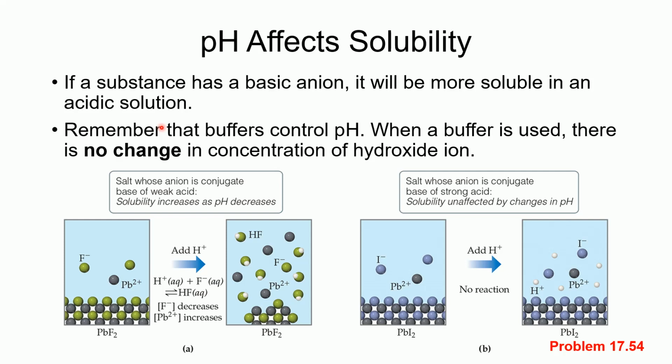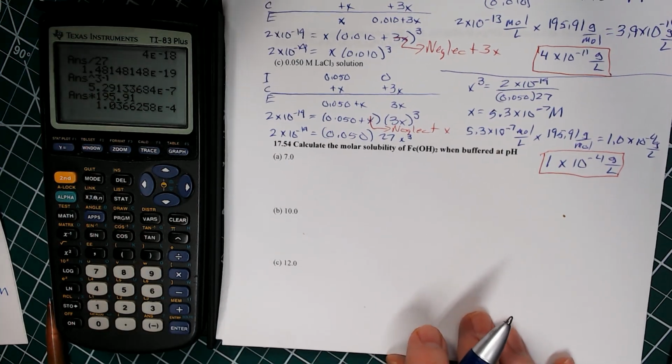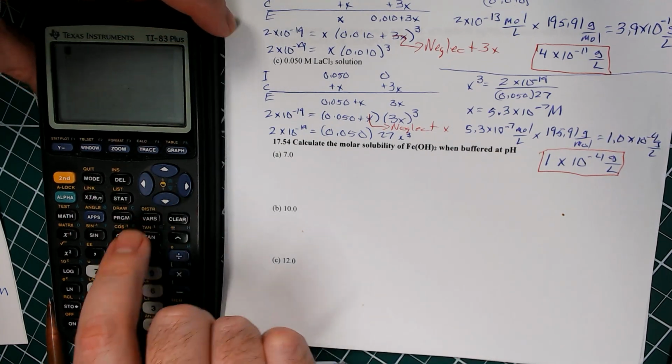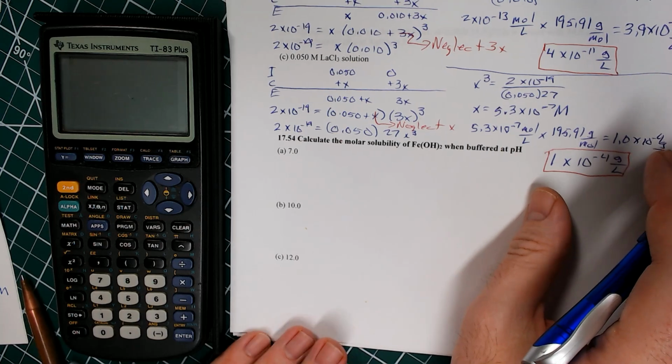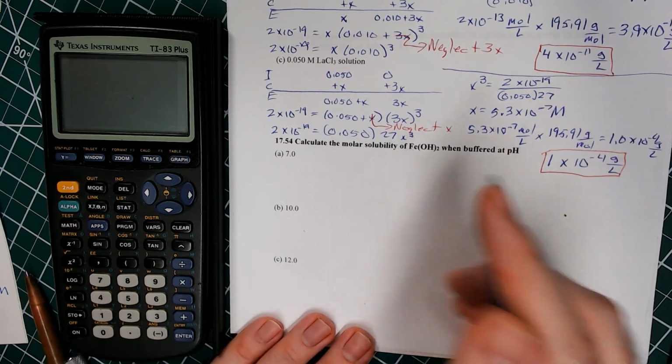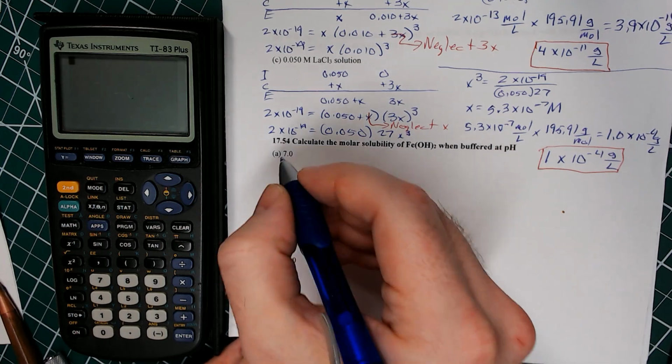So I will show you how that works on number 54. So let's look at number 54. Let me clear out our stuff from that previous section. So here's number 54. We want to calculate the molar solubility of iron(II) hydroxide.